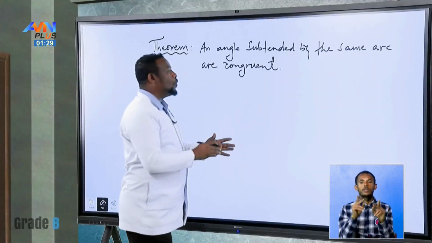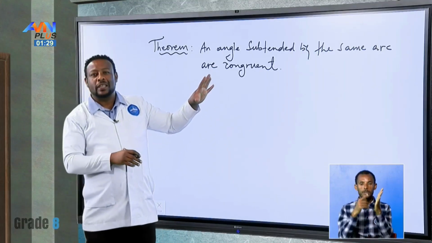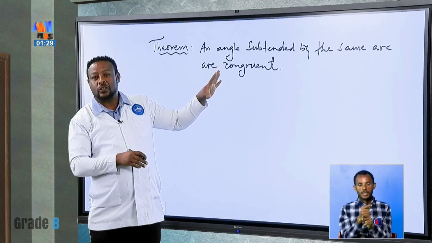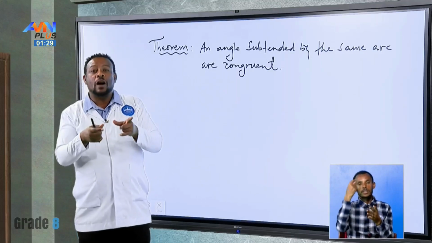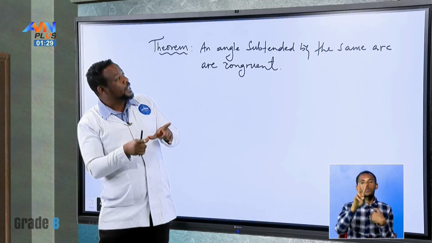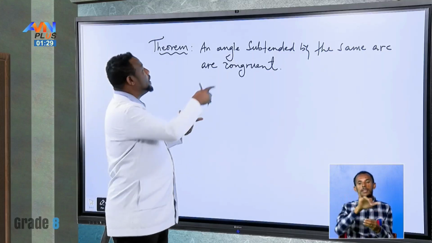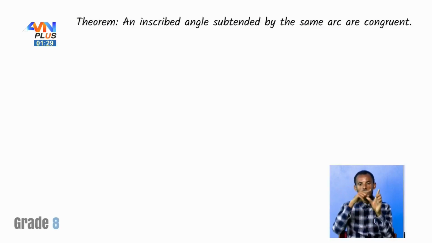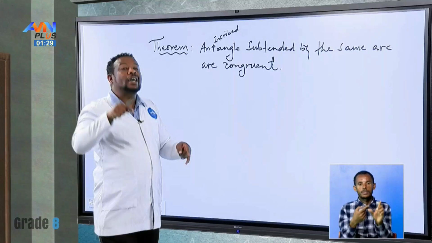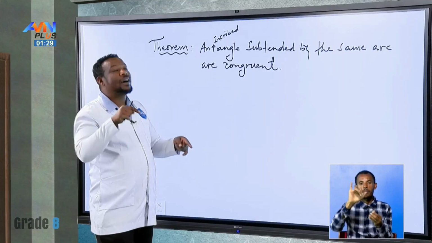Okay, so let me show you the geometric interpretation of this theorem. If you have two inscribed angles subtended by the same arc, they are congruent.